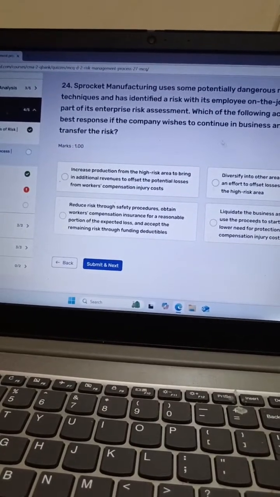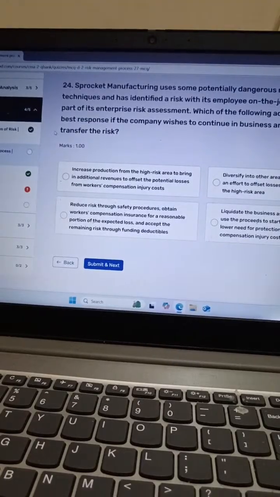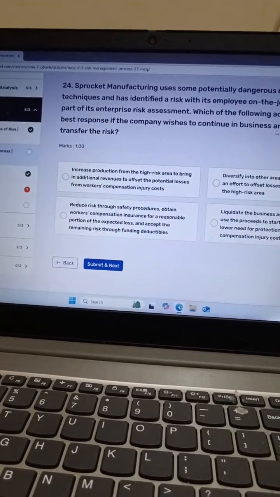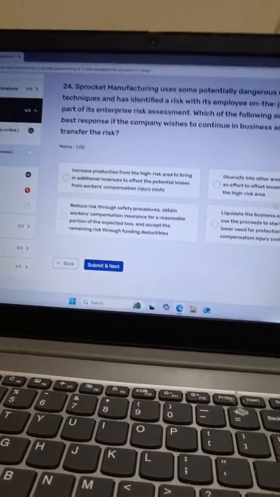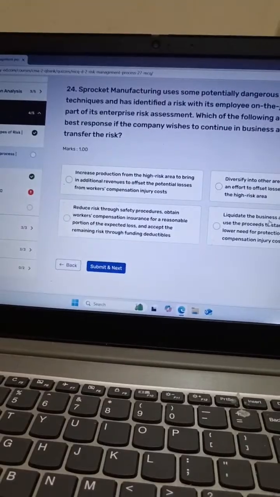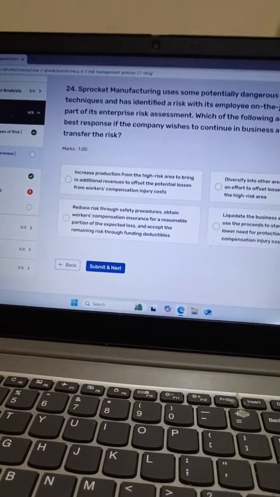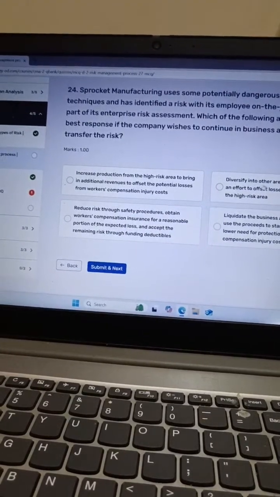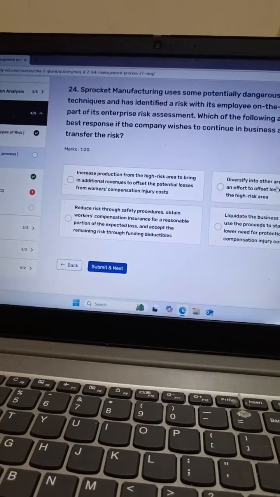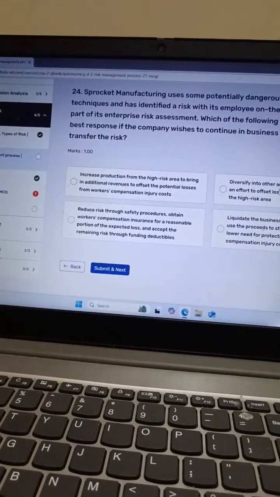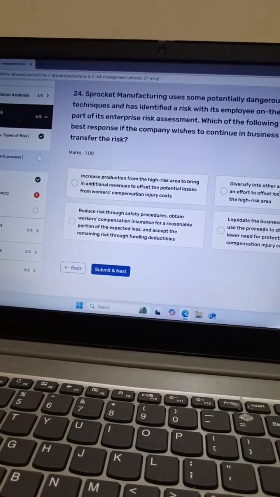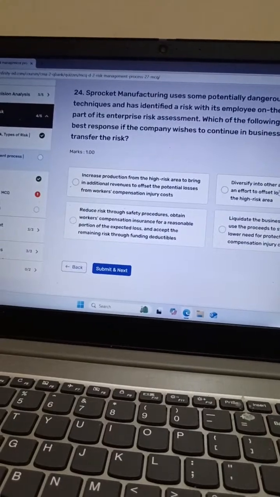There is a limitation. Which of the following options can be the best response if the company wishes to continue business and cannot fully transfer the risk? Liquidate the business. Liquidate is avoidance. This cannot be done. Diversify into other areas.